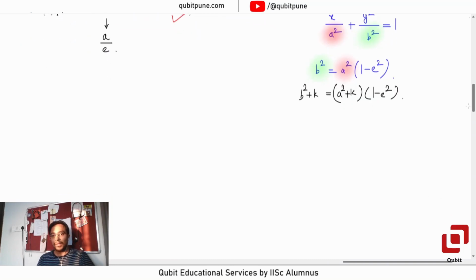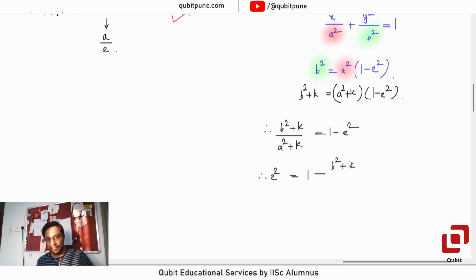Fine. Now we want to simplify this. b squared plus k upon a squared plus k equals 1 minus e squared. So e squared is equal to, shifting that term to the LHS and taking the LCM, a squared minus b squared upon a squared plus k.